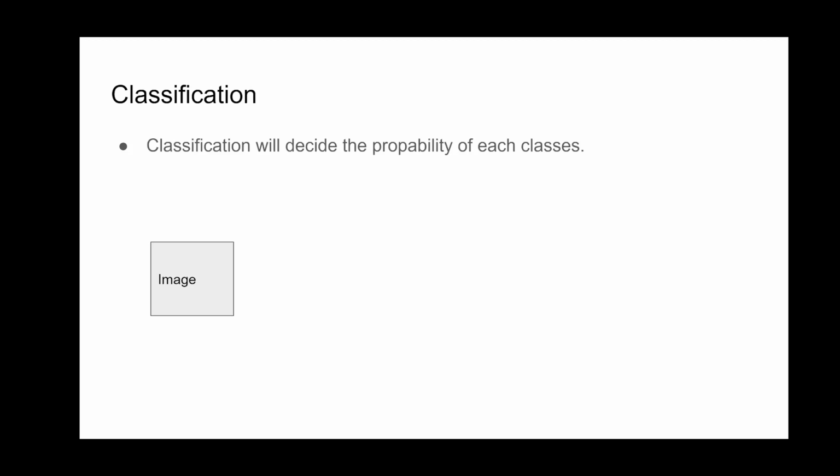In the classification problem, we decide the probability for each class for a specific input data. For example, if we have an image and we send it into a function, which is the model, we make a prediction of whether this image contains a dog, a cat, a bird, or a pig.